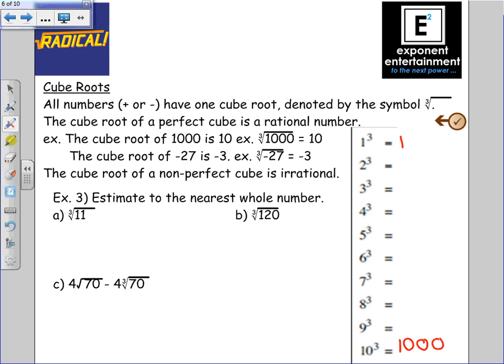If you're done, check with the person beside you. See if you got all the same answers. I see some different ones.